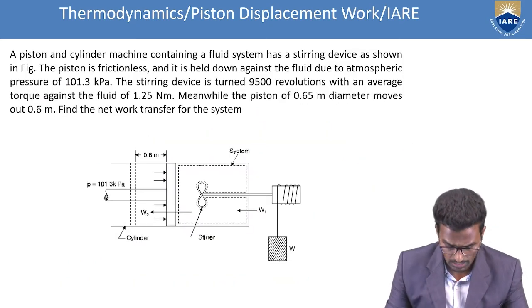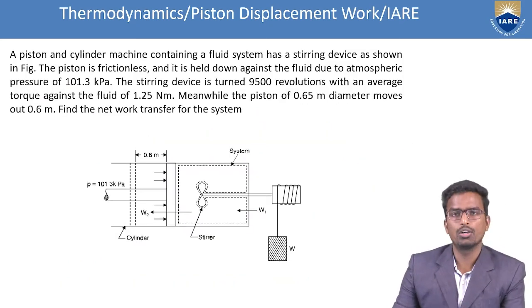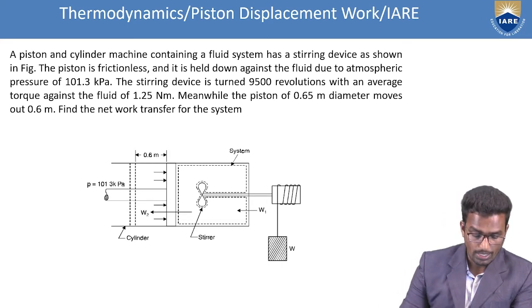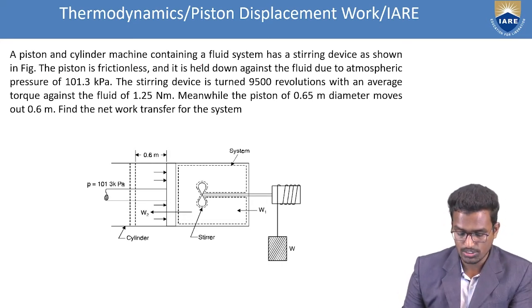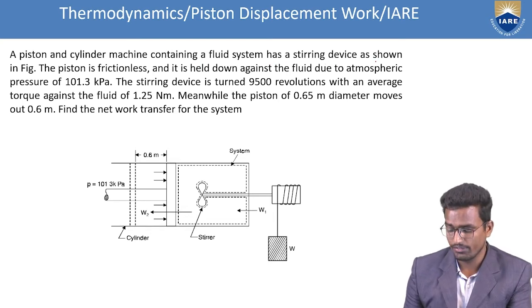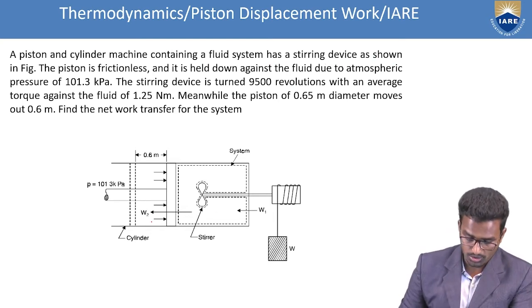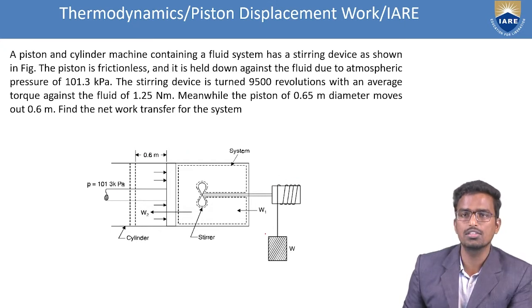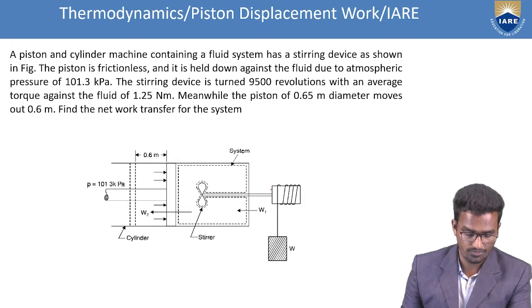There is one more example, similar to the work and conditions. A piston and cylinder mechanism containing a fluid system has a stirring device as shown. There is a piston cylinder mechanism like this, and there is one more thing, a stirring device, added here in the figure, right?